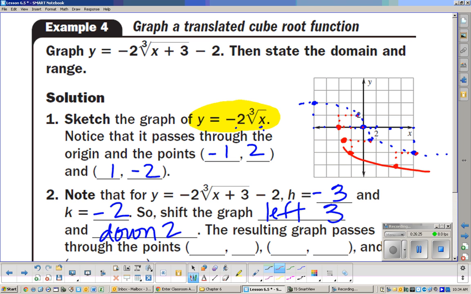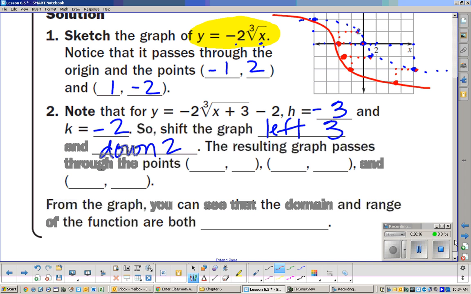So here's where it's going. And I missed every one of my marks because my border's off. So if you want to list points, negative 4, 0, it should be going through. Negative 3, negative 2, negative 2, negative 4.